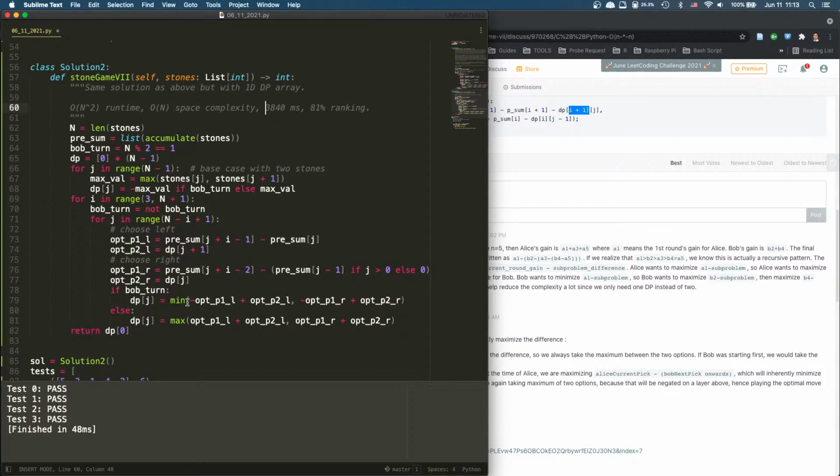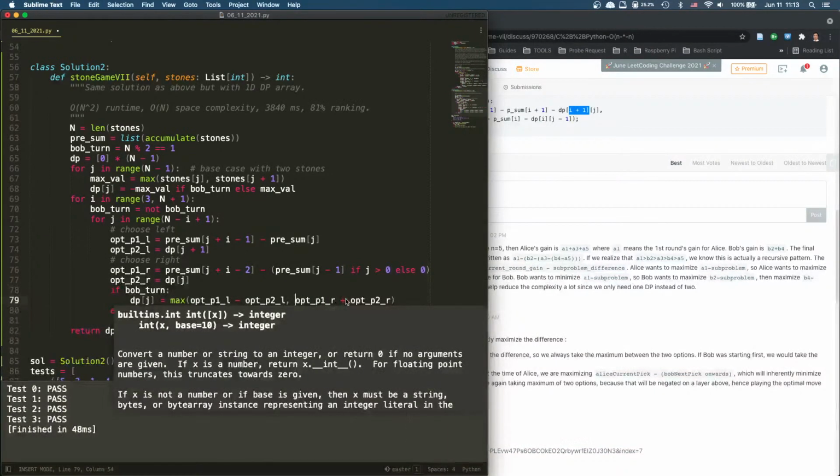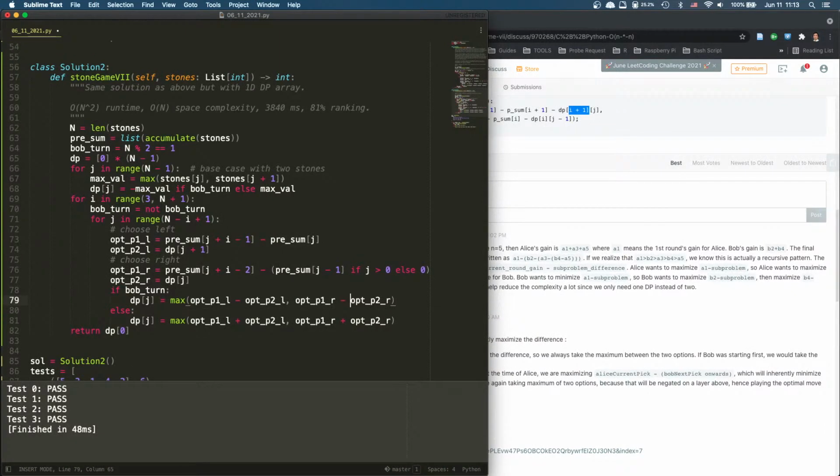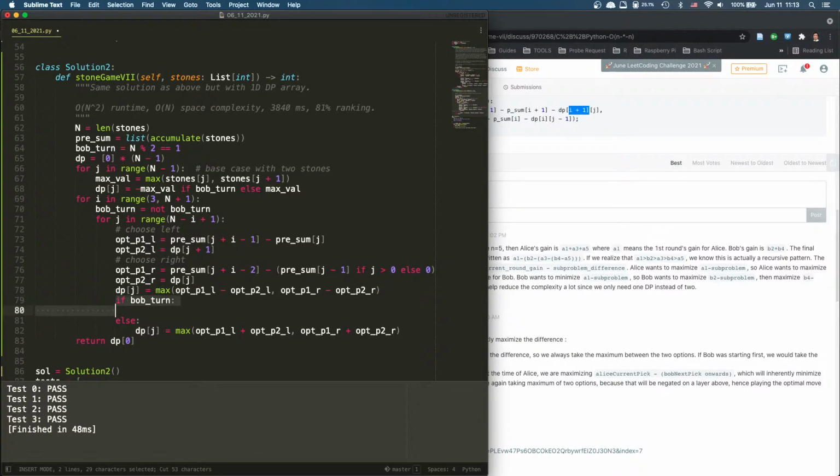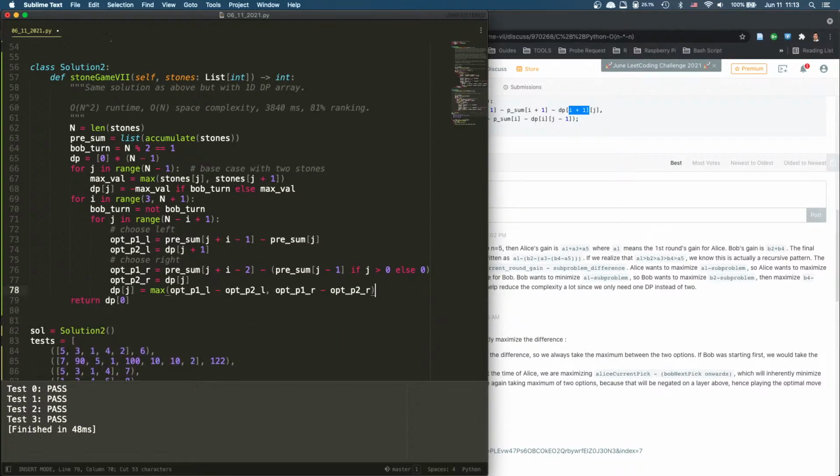Let's see, the magic is right here. We can do max, right? Minus, and minus. And we don't really care whose turn it is. And then on the first level, it's just going to be max.